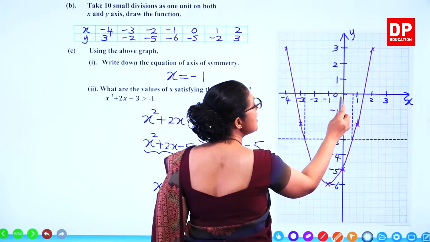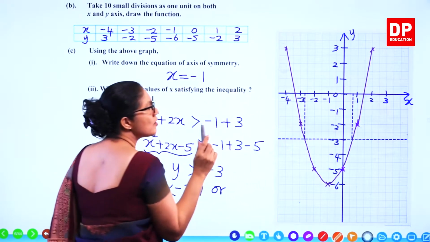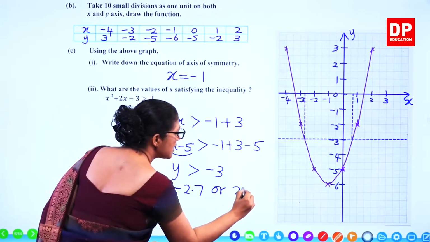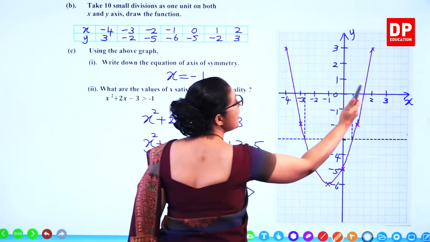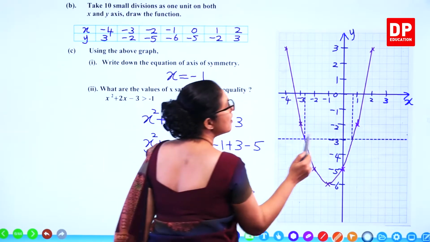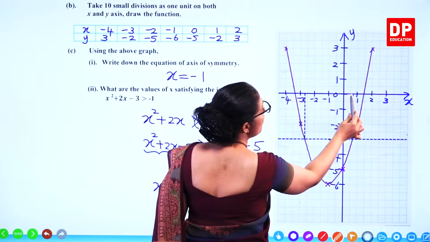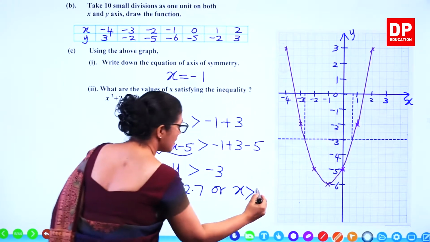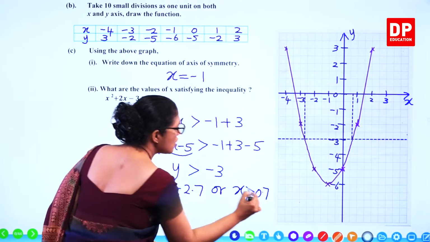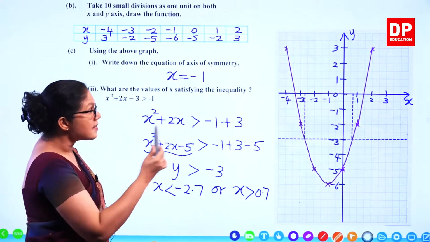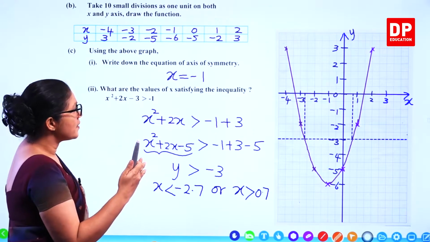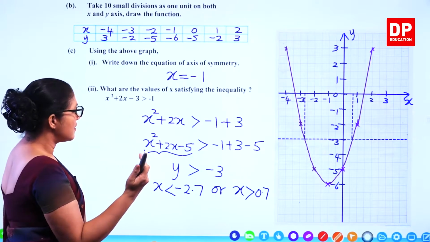So this value is 0.7. So x greater than, this way it's 0.7. So what are the solutions? Either x less than minus 2.7 or x greater than 0.7.